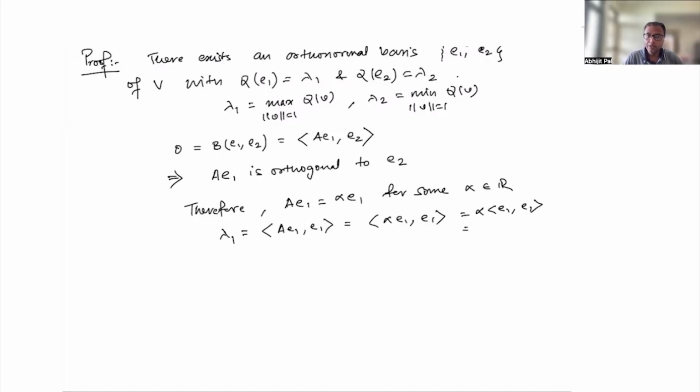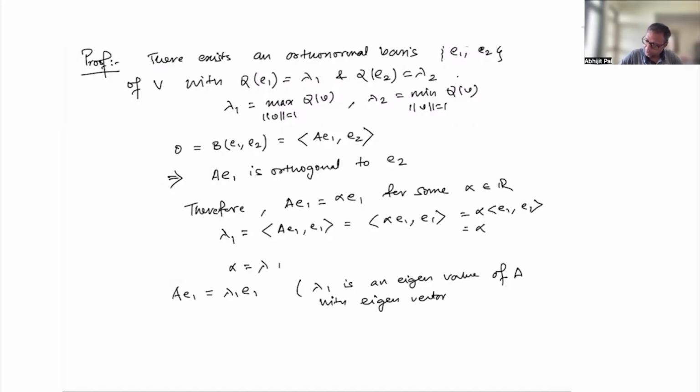E1 is a unit vector, so inner product E1 comma E1 is 1. So this will be equal to alpha. Therefore, alpha is equal to lambda 1. So AE1 is equal to lambda 1 E1. Therefore, this lambda 1 is an eigenvalue of A with eigenvector E1.